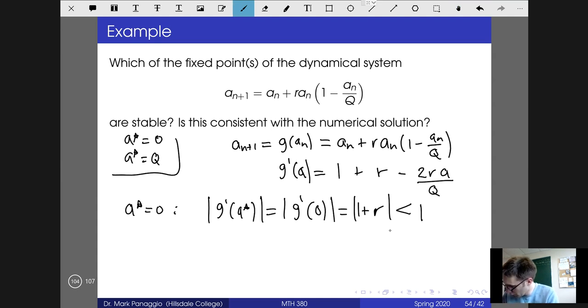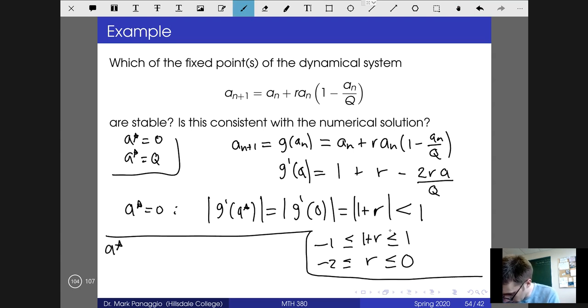So here we plugged in 0 for a, and so we can try to rearrange that a little bit. We have 1 plus r. That must be less than 1 and greater than negative 1. Or we could say that r therefore must be, if we subtract 1 from everywhere, minus 2 less than r less than 0. Okay, so if r is between negative 2 and 0, then it must be stable.